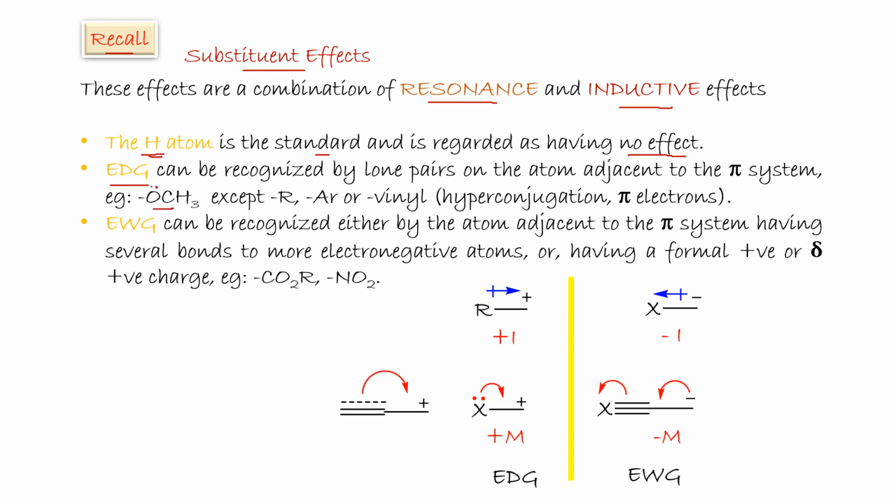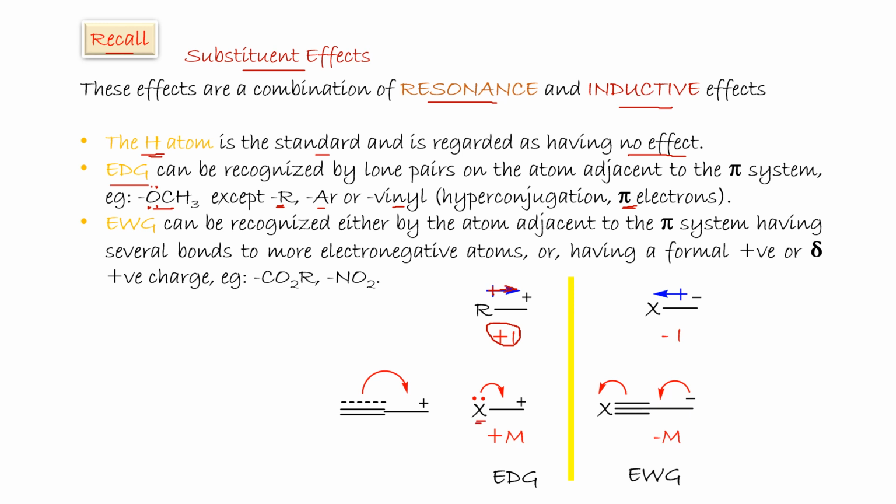An alkyl group, by induction, pushes the electrons away from it. Aryl and vinyl groups donate by their pi electrons. So here we have what we call a positive inductive effect, where the group pushes the electrons away from it, like alkyl.